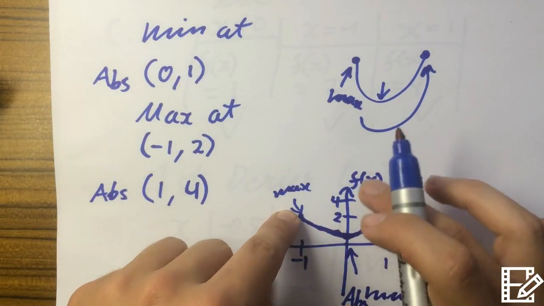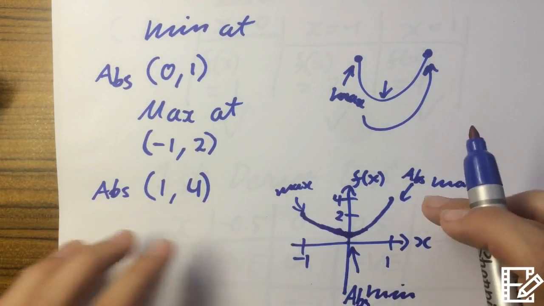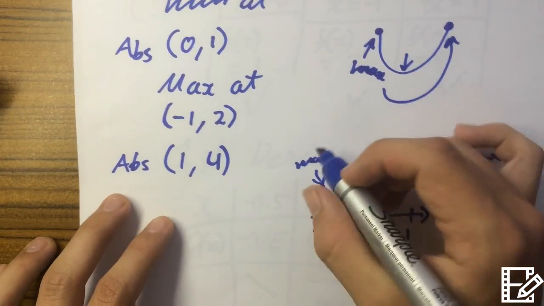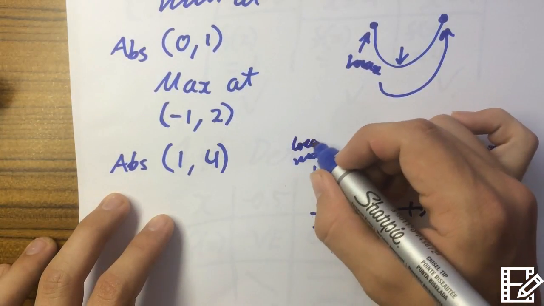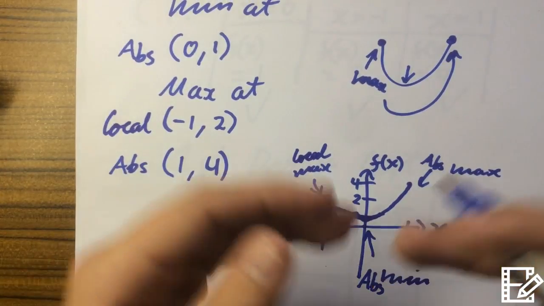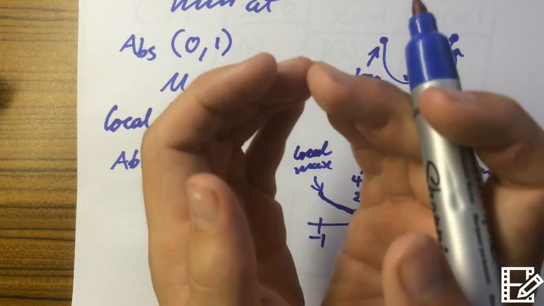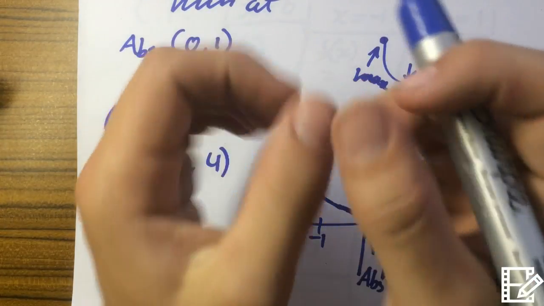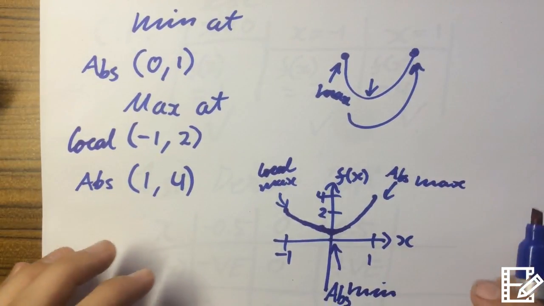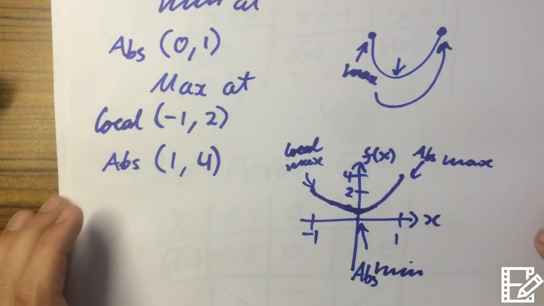So it's a maximum, but it's not the highest. It's not the absolute or the global maximum. Therefore, we call it a local maximum, which means it's high, but only compared to the things around it in its local area. Okay, this is high over the whole thing. That's why this is absolute and this is local.